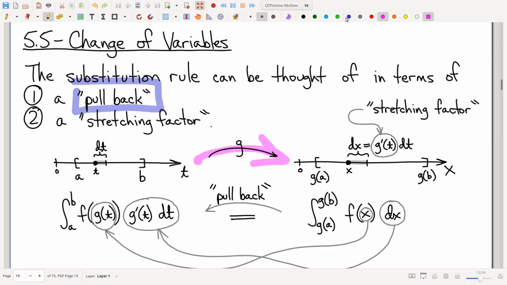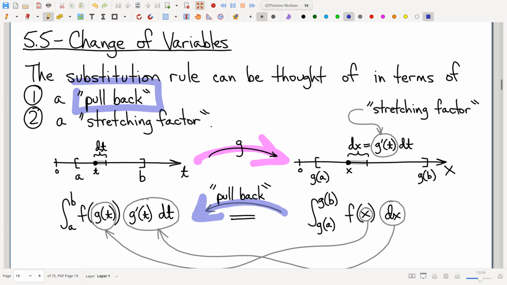But the integral, I want to encourage you to think of it as we start with the integral on the right, and that integral goes backwards through the function. The term is pullback, a slight abuse of the term, but I think it's natural here. I like to think of the integral as being pulled backwards by the function that's pushing forwards.